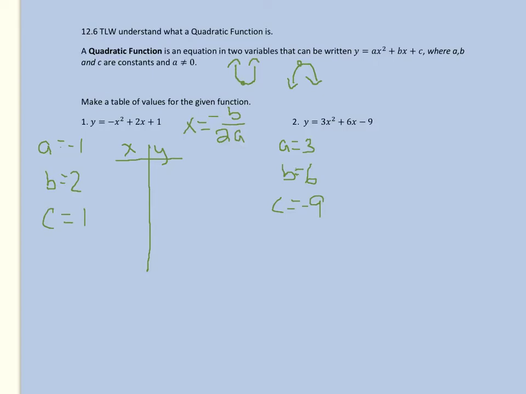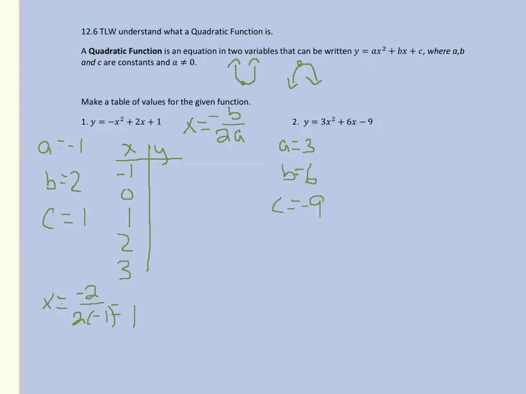So I want to start where x is -2 divided by 2 times -1, which equals 1. So that's the middle, the middle point you're going to start at. So you pick 1, then you pick 0, then you pick -1, then you pick 2, then you pick 3. There's the middle. You go 2 to the left of it, 2 to the right of it. Okay?